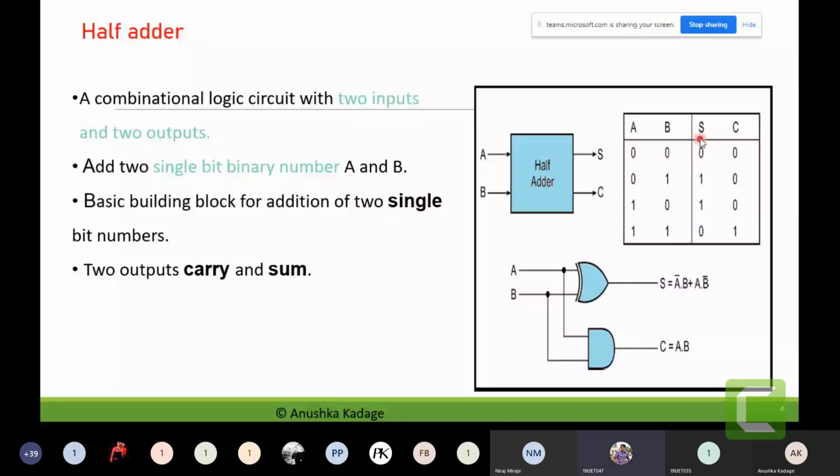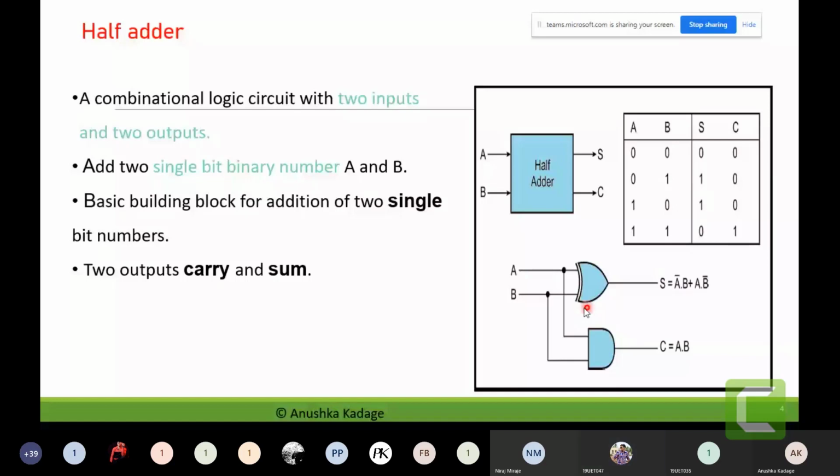Now I have to write this sum output as a representation of some gate. For this S column, if you observe the output, when both inputs are the same, the output generated is 0, and when one of the inputs is 1, the output for the sum column is 1. So it is similar to the truth table of the XOR gate.